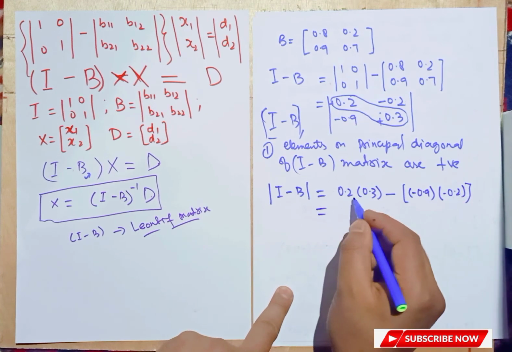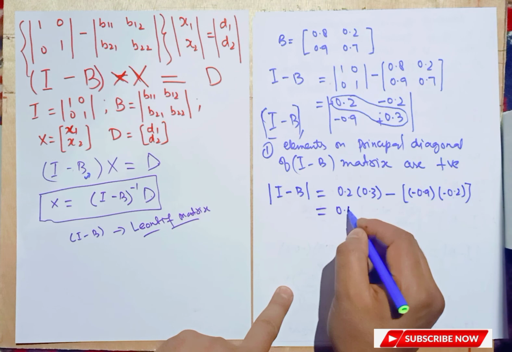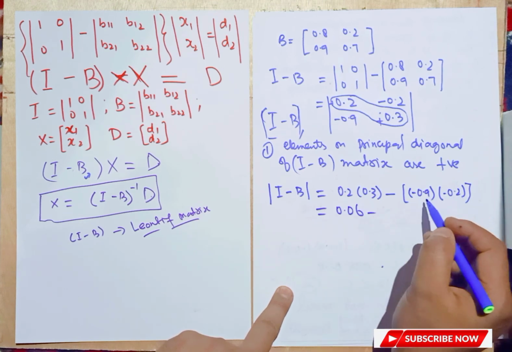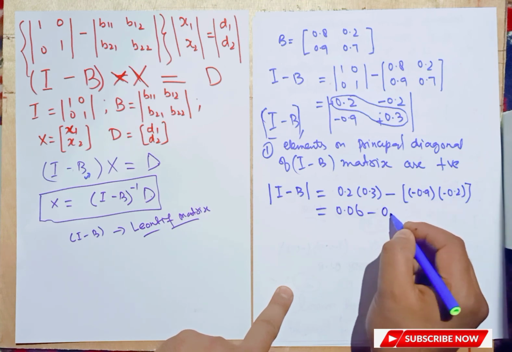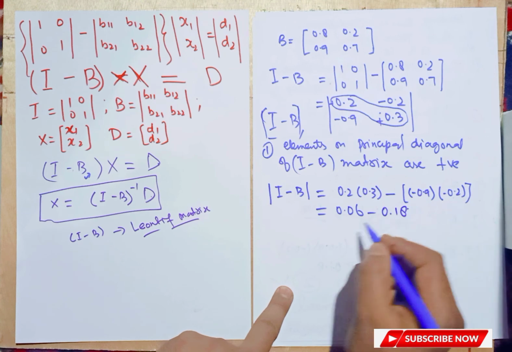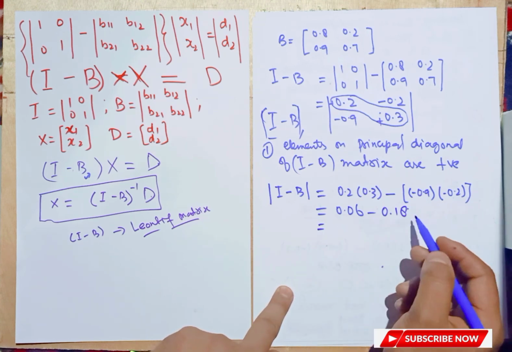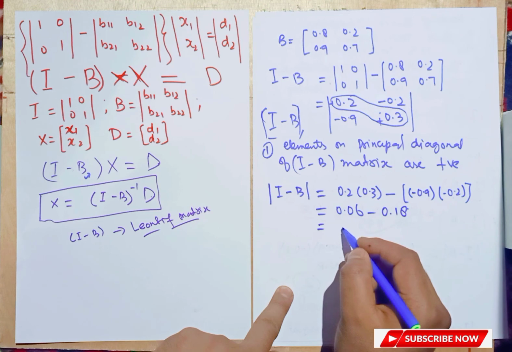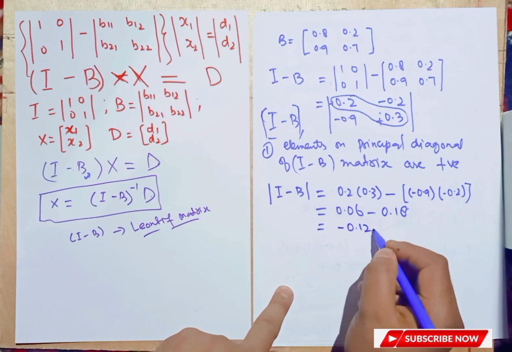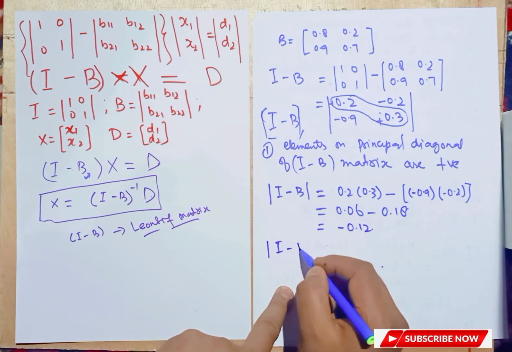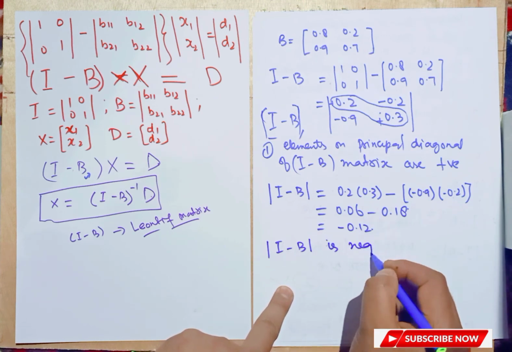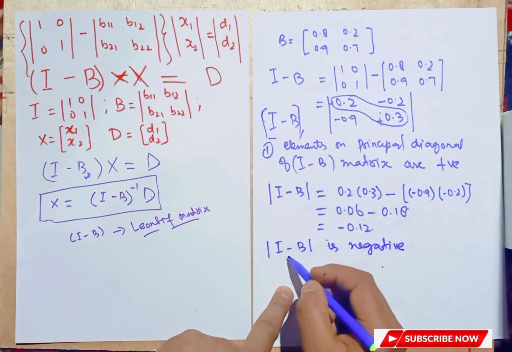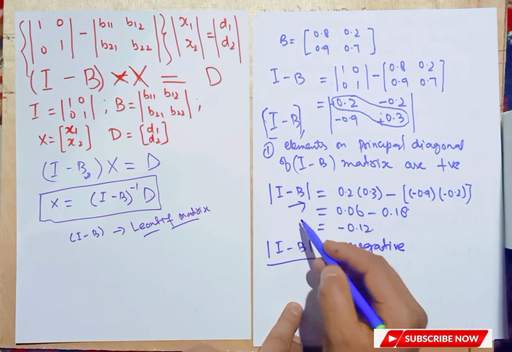Now 0.2 times 0.3 is equal to 0.06, minus, now minus minus is plus, 9 times 2 is 18, so this will become 0.18. Now when subtracting, this will come out to be a negative number, which is minus 0.12. Here we can see that this is negative, that is, the determinant of the Leontief matrix is negative.